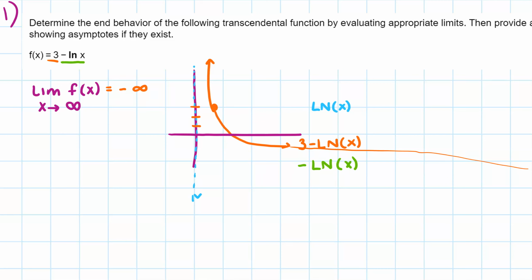Now, what about the limit of the function as x goes towards 0 from the right, because it only comes from the right, doesn't come from both sides here.